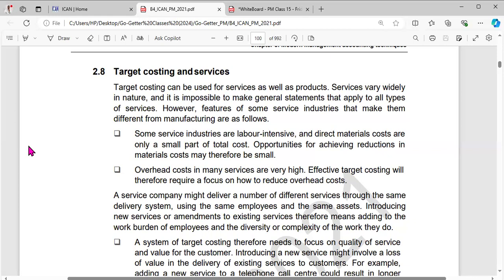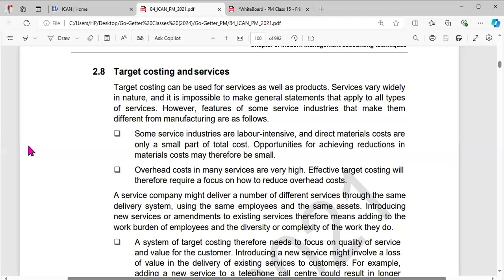Then overhead costs in many services are very high. Effective target costing will therefore focus on overhead costs. So you know here that in a manufacturing company, we said if you want to reduce your overhead, you need to produce much higher quantities so that you have more quantity to share the overhead.